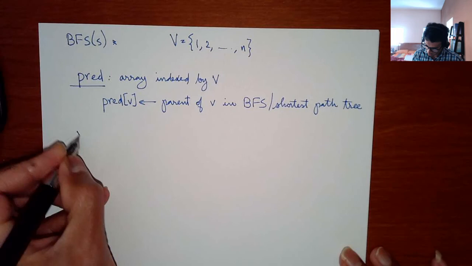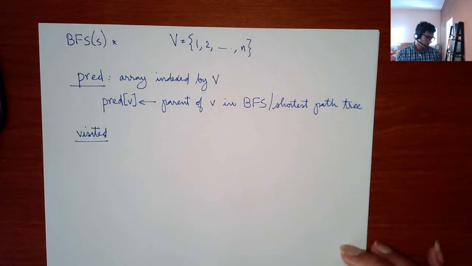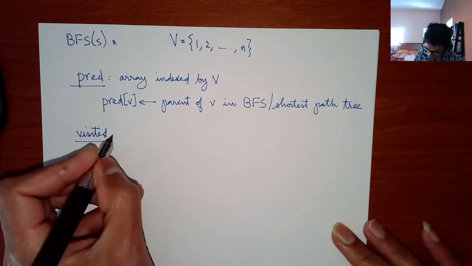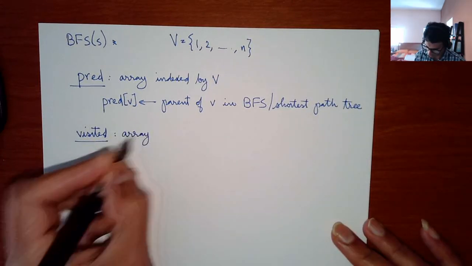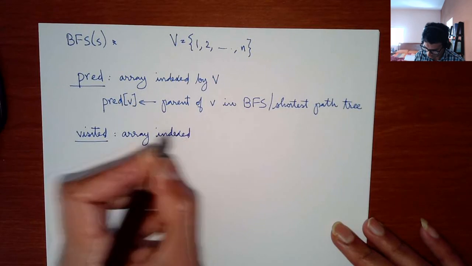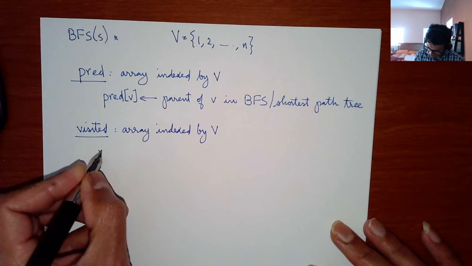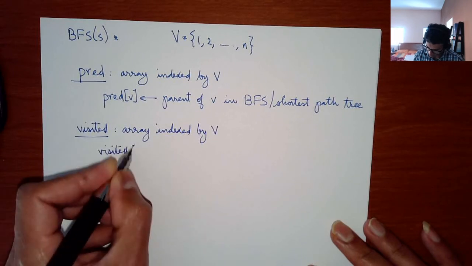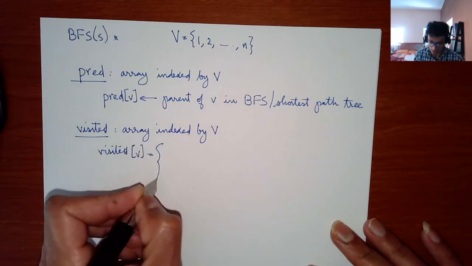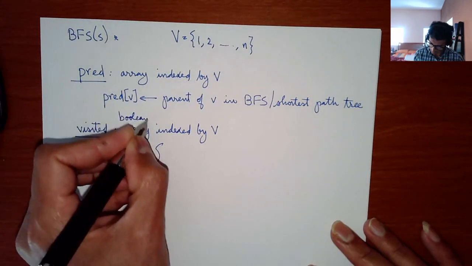The second array, which is very important, is visited. This is an array indexed by V. And visited of V is just a Boolean array.